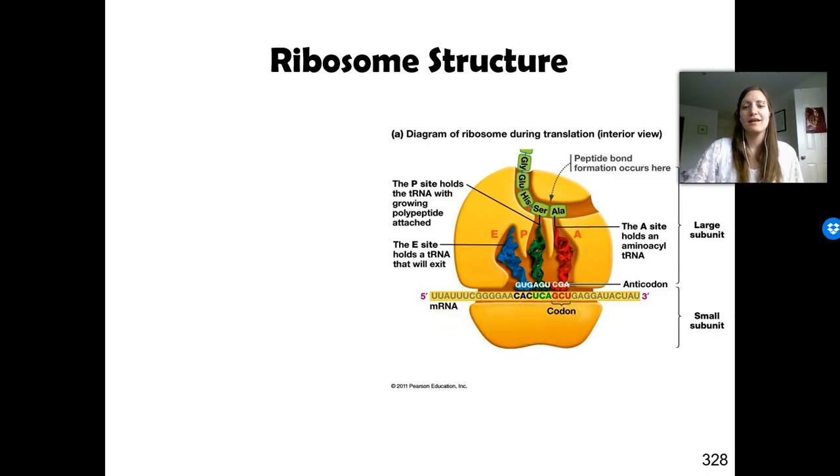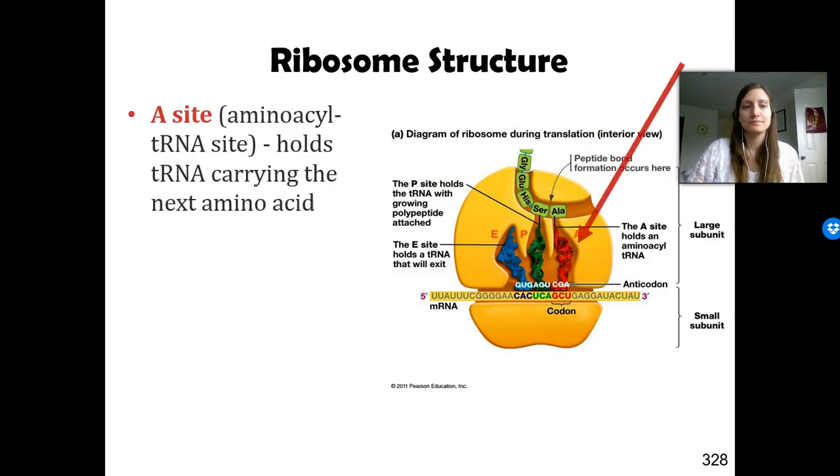It's just kind of hugging this mRNA that you see right here. This large subunit has 3 spots for tRNA molecules. We call those the A, P, and E sites, and I'll discuss those more in a second. And then here you have that polypeptide chain growing, or those proteins being linked together.